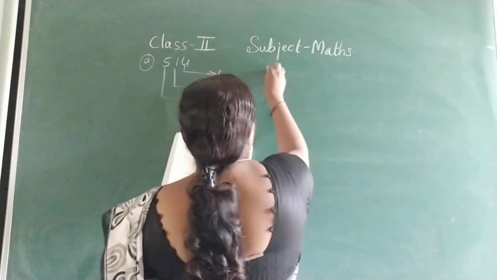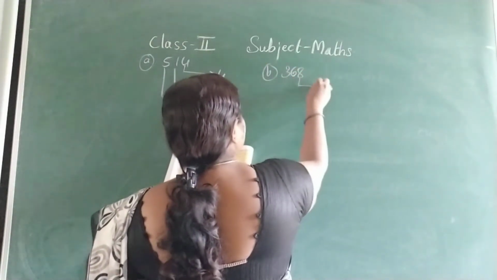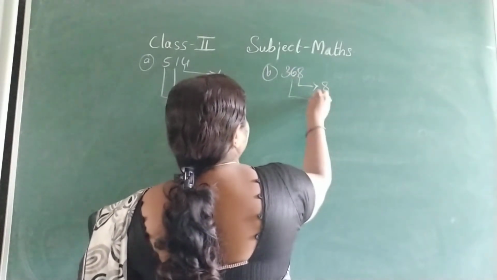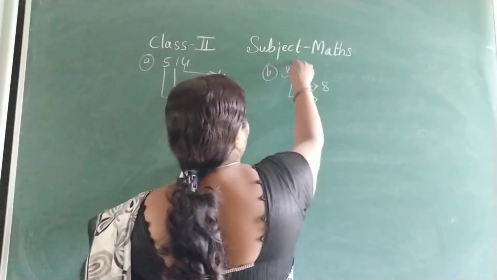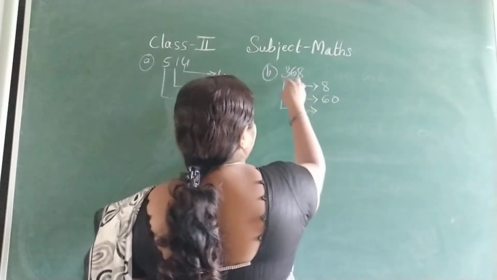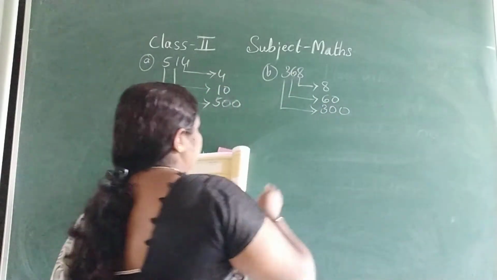Next B: 368. So 8 into 1, 8. 6 into 10's place, 6 into 10, 60. 3 into 100, 300. Next C.